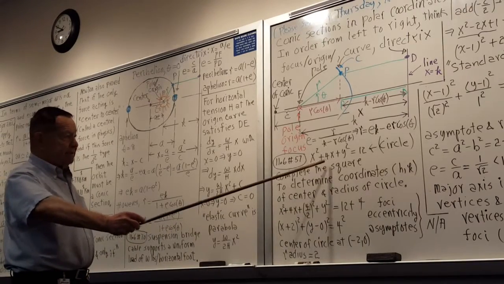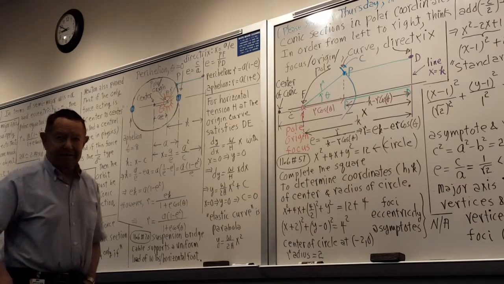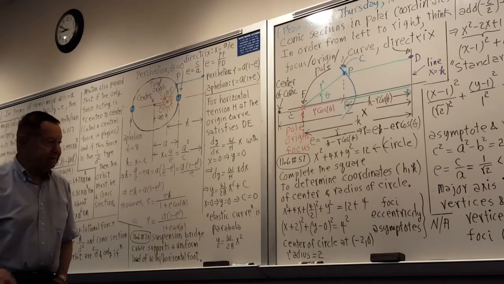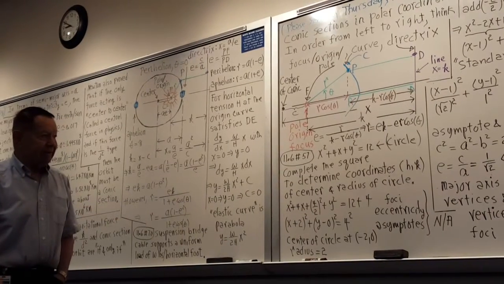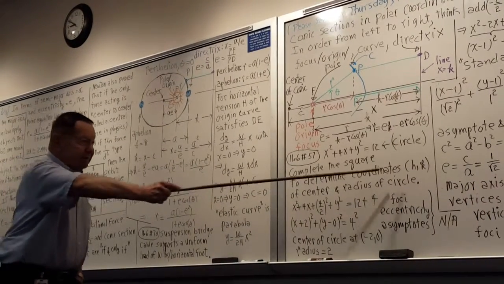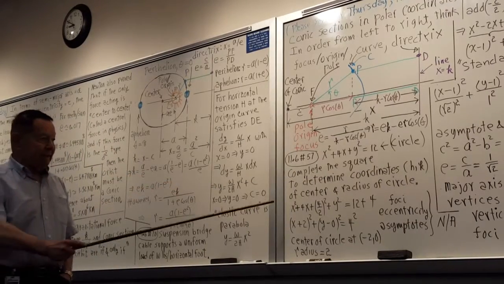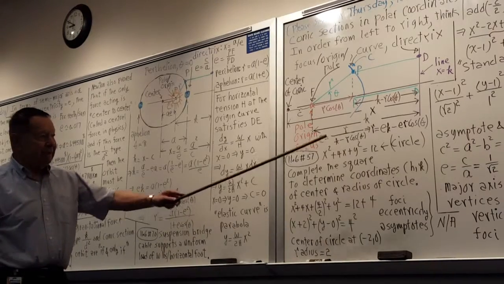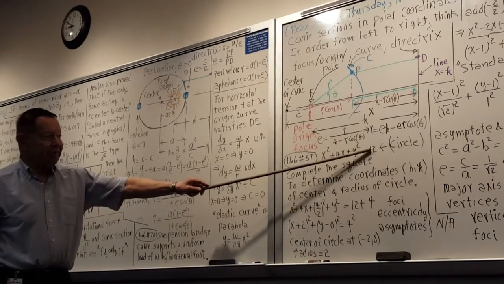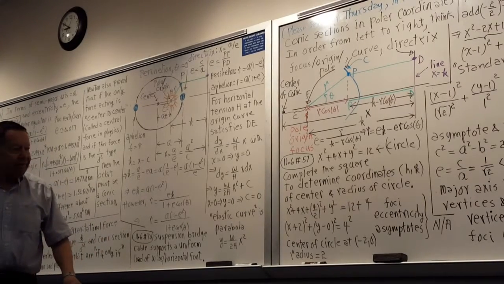So to determine the location of the center of the circle and to determine the radius, you complete the square, as it's called. And then the coordinates h, k will be the coordinates of the center, and then you can find what the radius is. It'll be the square root of whatever ends up on the right-hand side as a single number.